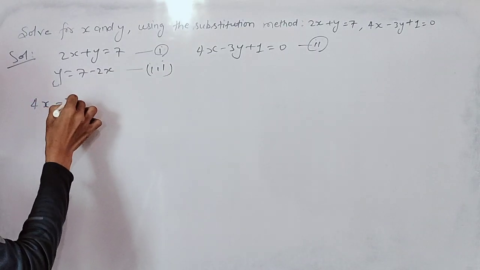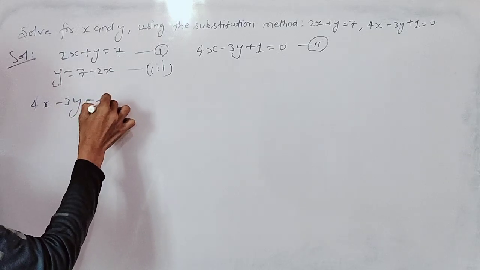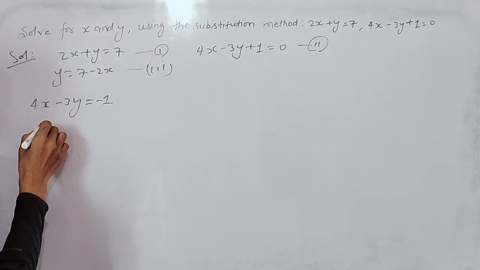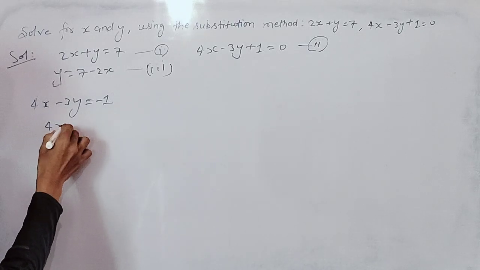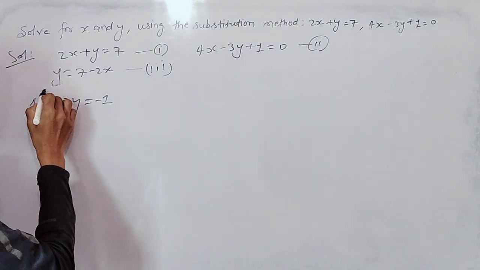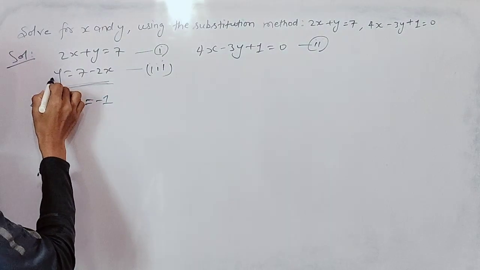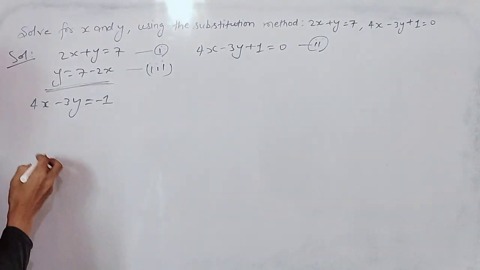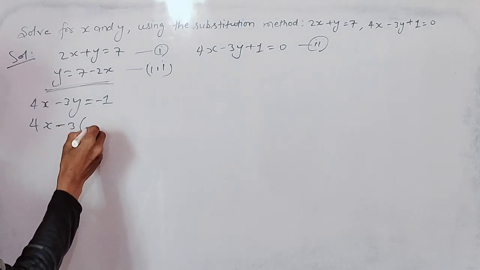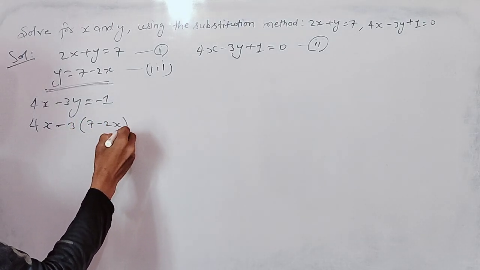So 4x minus 3y is equal to minus 1. Here we will use the substitution method. It means we will substitute the value of y in this equation. So 4x minus 3 times 7 minus 2x.